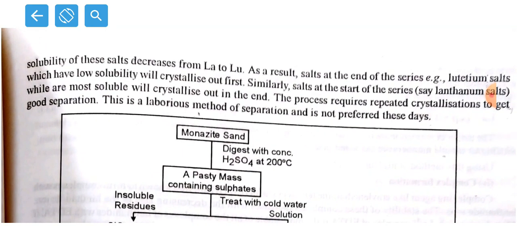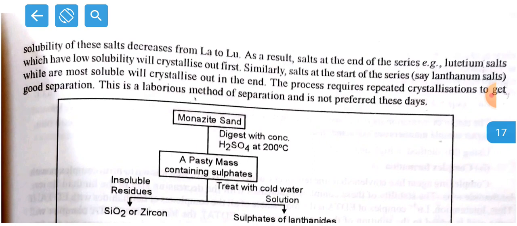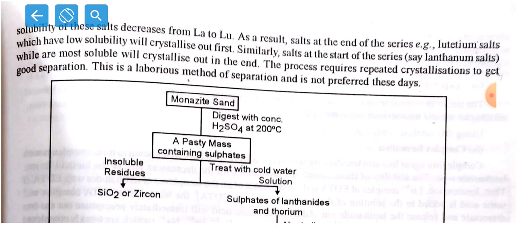As a result, salts at the end of the series, that is lutetium salt, which has low solubility, will crystallize out first. Similarly, salts at the start of the series, say lanthanum salt, which are the most soluble, will crystallize out in the end. The process requires repeated crystallization to get good separation. This is a laboratory method of separation and is not preferred these days.